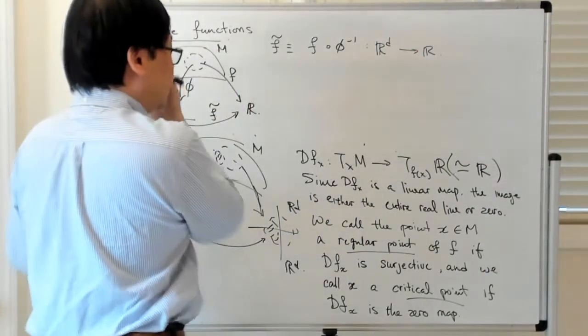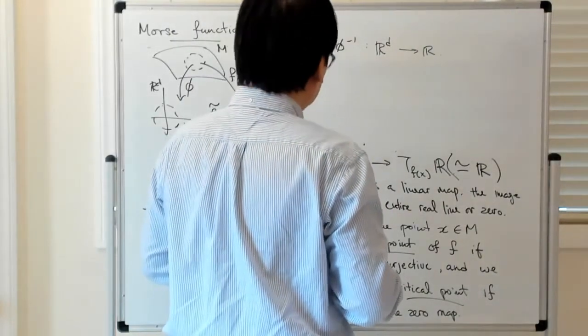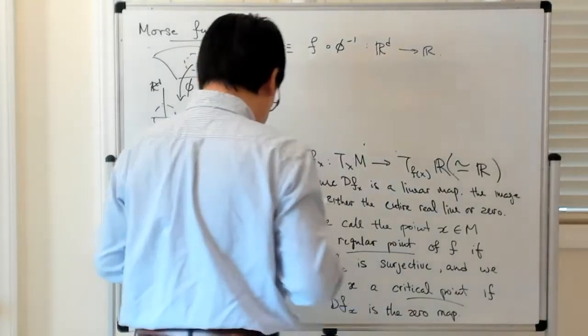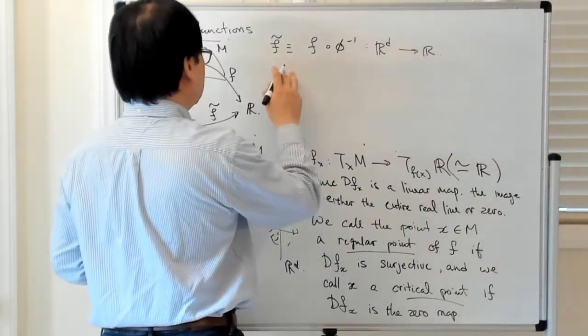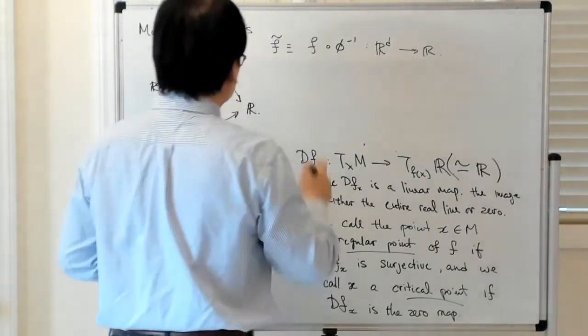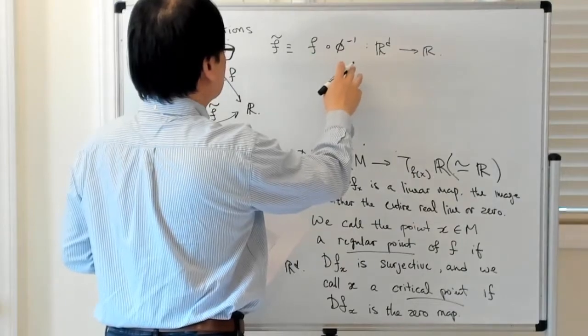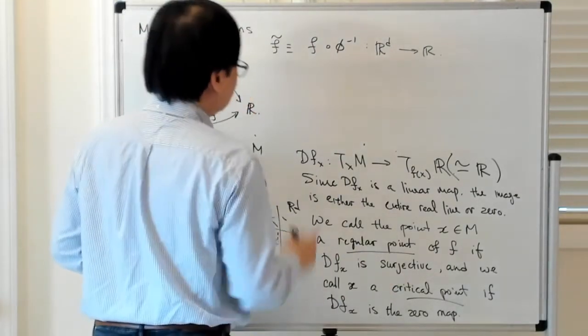Okay, and then you can write down the coordinates associated with this. In any case, the basic idea is that you can characterize critical points.